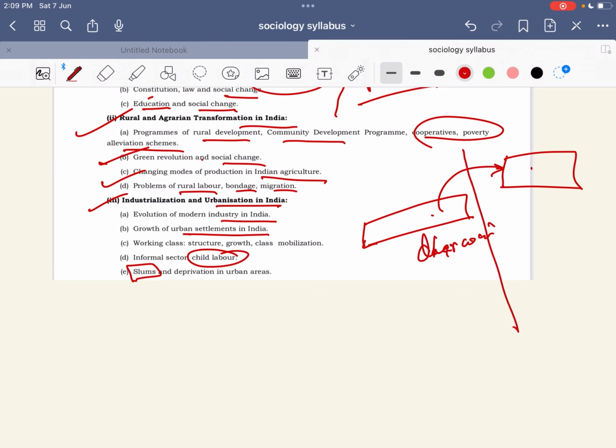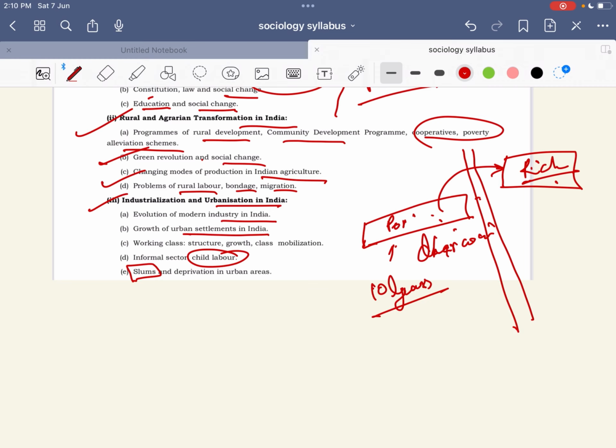See, Dharavi is a slum, and here is a rich class living on this side, and poor people live on this side. Studies have pointed out that these people living in the poor area live 10 years less; their life expectancy is 10 years less compared to the rich. So this is creating a rich-poor divide. So slums are also very important.